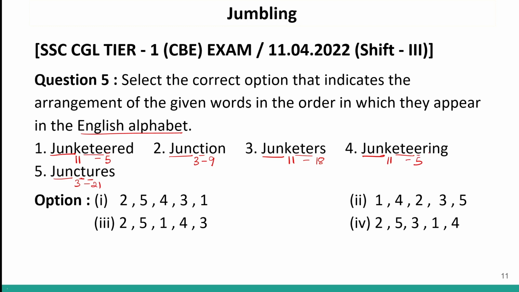Now in junketeered and junketeering, I can see that the next letter, which is R, is also common. So we will move on to the letter after R. After R, we have E, which is 5. And over here, after R, we have I, which is 9. So the correct order will be, the first word will be junction. After this, we will get junctures. After this, we will get junketeered.